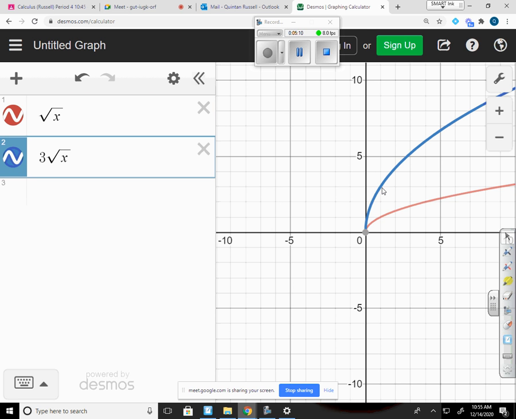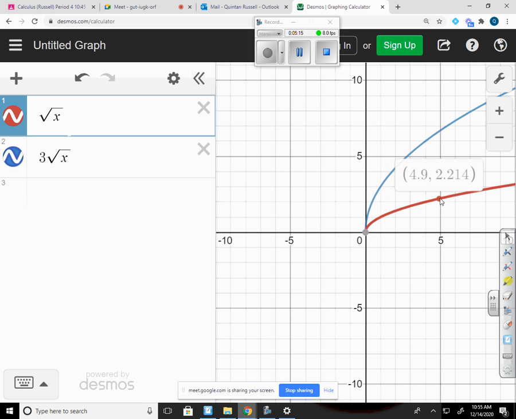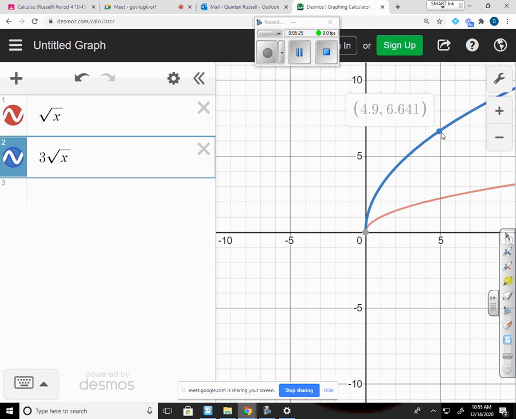Because it's 3 times, or stretching it vertically by a factor of 3. If I go out to 5, this is 2.236. So if I take 2.236 and multiply it, it's going to put me at 6.708. So this is a vertical stretch by a factor of 3. You can see it on the graph itself.